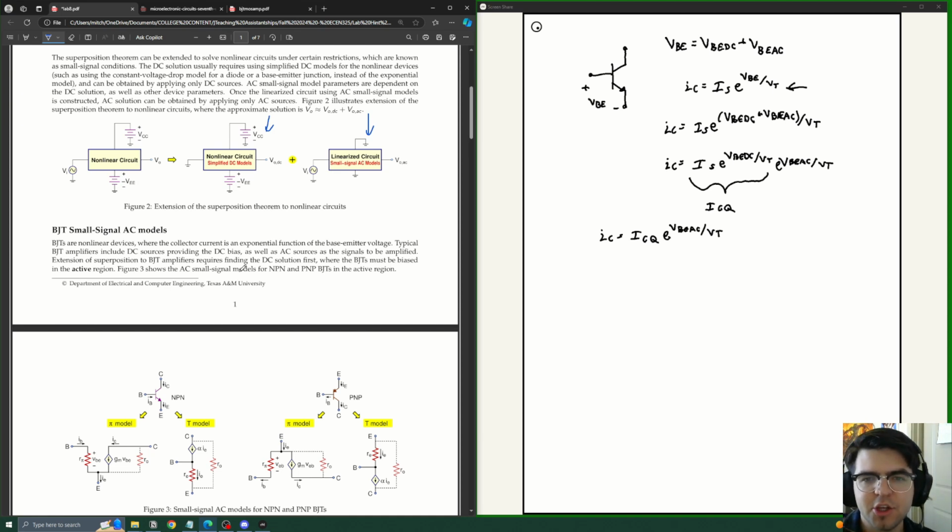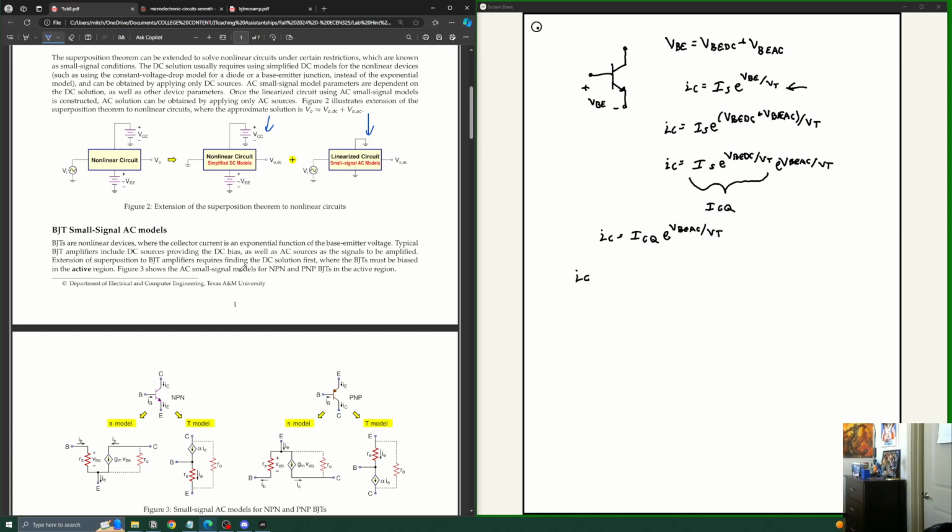So let's actually apply a Taylor series approximation. Think back to the end of Calc 2. So for our exponential relationship, let's apply a Taylor series around where VBE AC is 0, because it's going to change a little bit around this region.